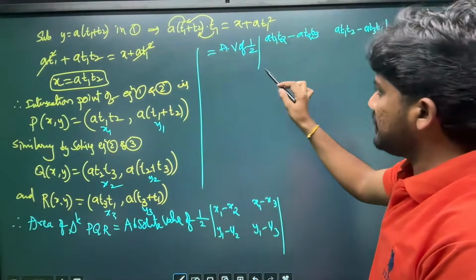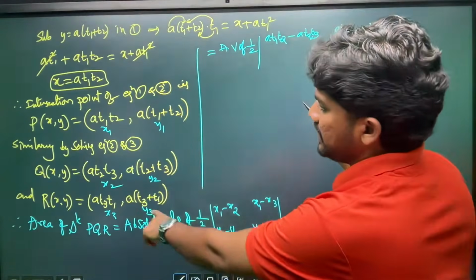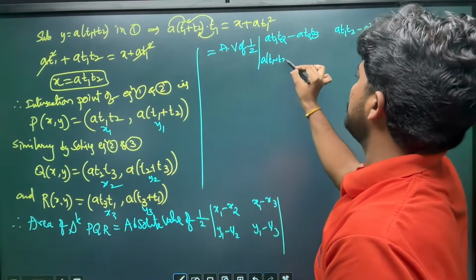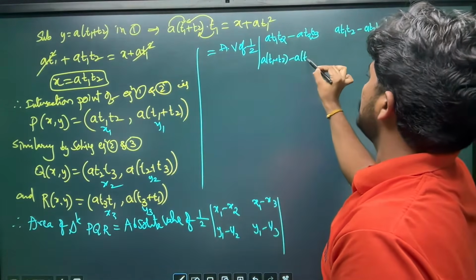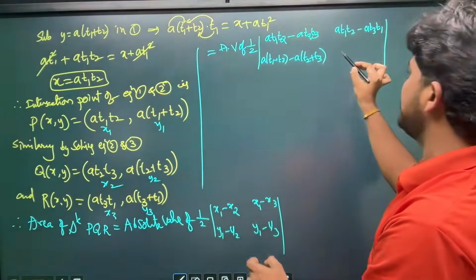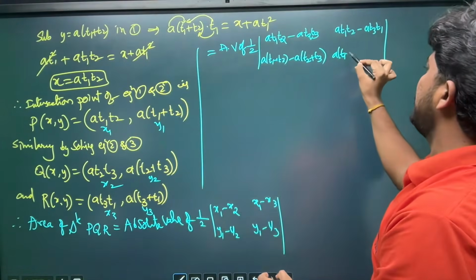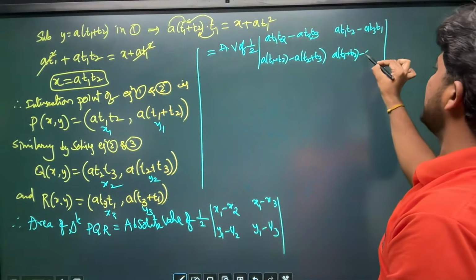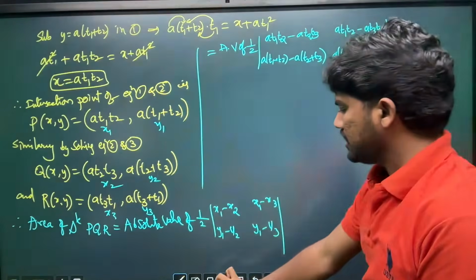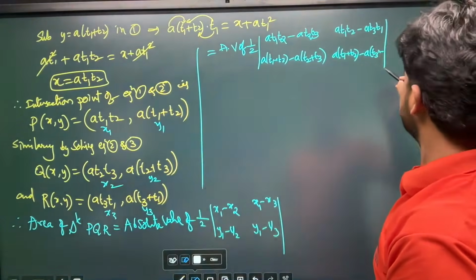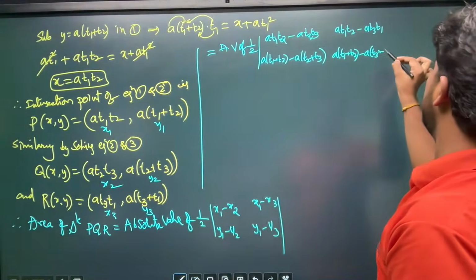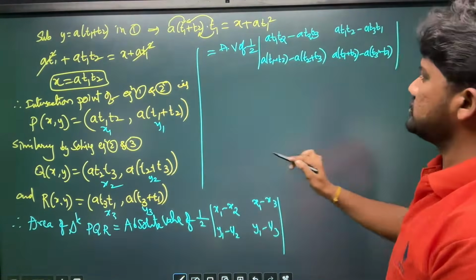Next, y1 minus y2: what is the y1 value? a into T1 plus T2 minus a into T2 plus T3, the y2 value. Next y1, a into T1 plus T2 minus a into T3 plus T1. Close the modulus.